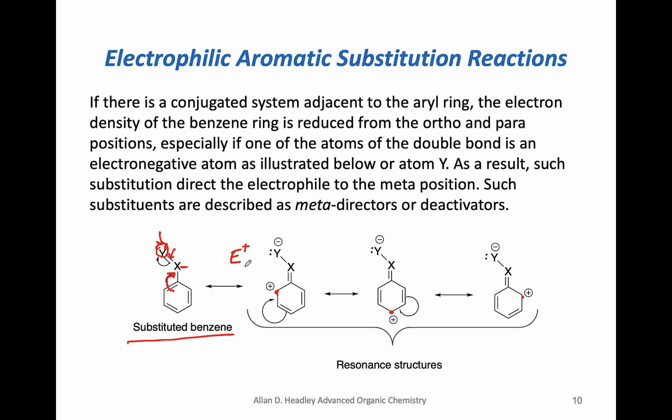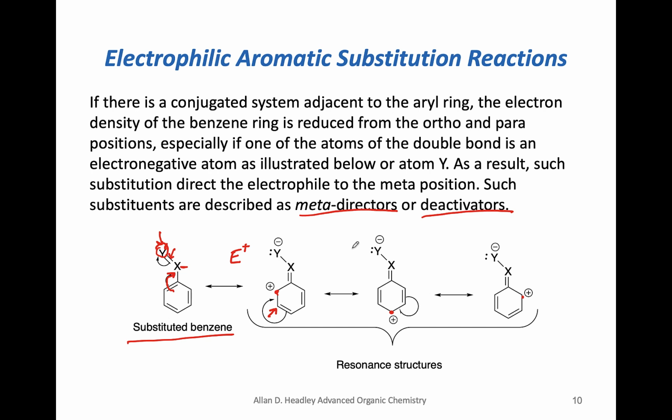So by default, it will have to go in this position, or in the meta position. As a result, these type of substituents are called meta-directors or deactivators because they deactivate the ring towards electrophilic aromatic substitution.